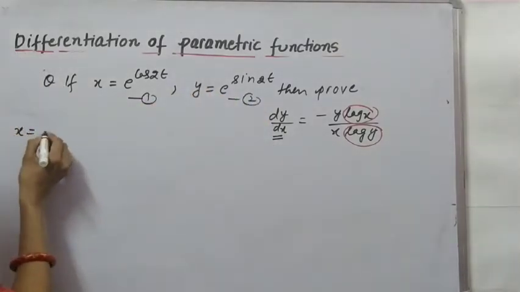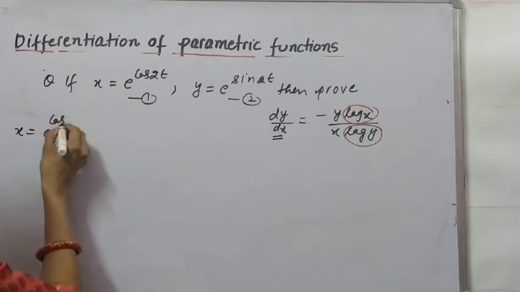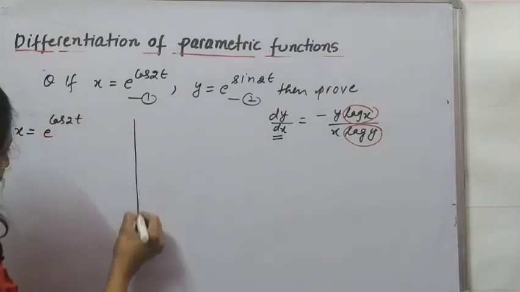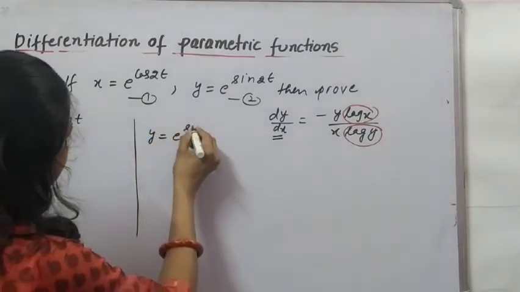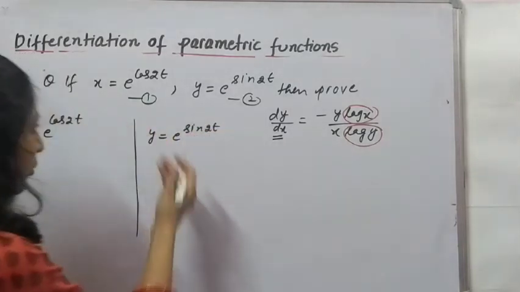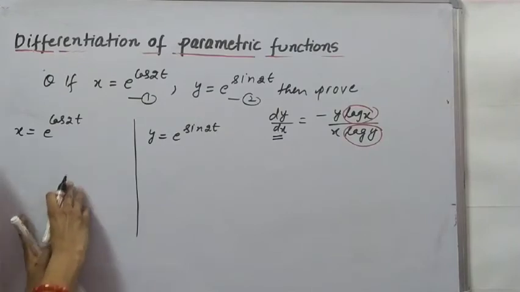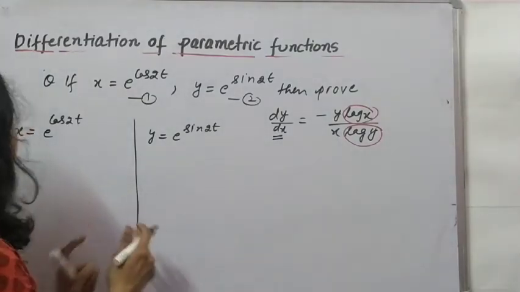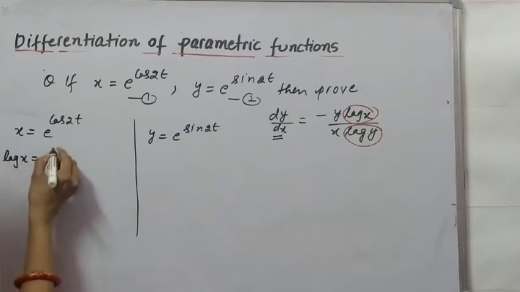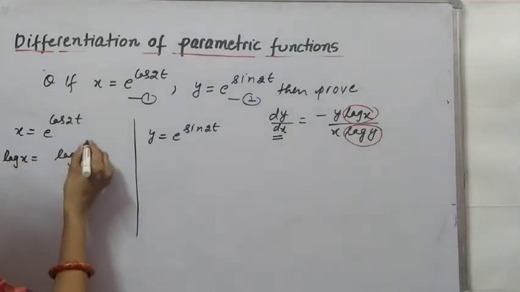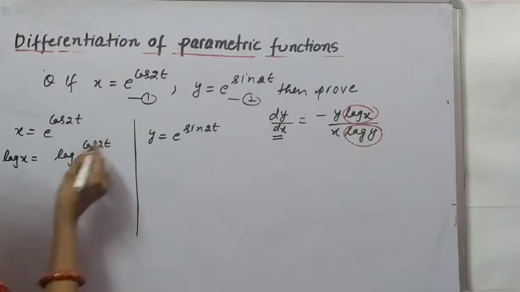So here I am writing x is equal to e raised to power cos 2t, I will take log on both sides. Similarly, I will take log on both sides of the second equation, and after taking log, I will find the values of dx by dt and dy by dt, right? So after taking log, we will get log x is equal to log e raised to power cos 2t.